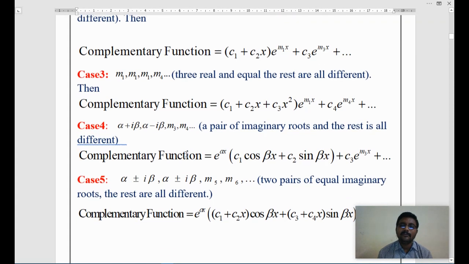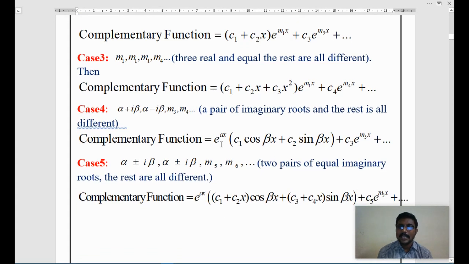Then we define the complementary function as e^(alpha x) [c1 cos beta x + c2 sin beta x] for the complex roots alpha ± i beta, plus c3 e^(m3x) + c4 e^(m4x) + and so on for the real, different roots.